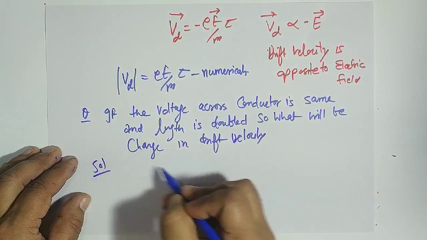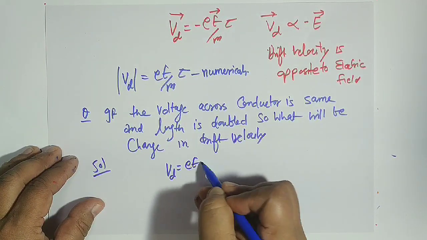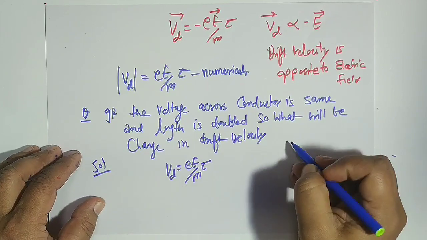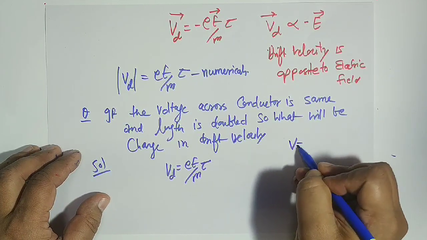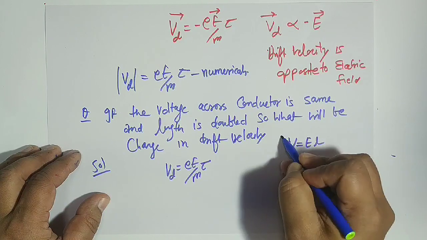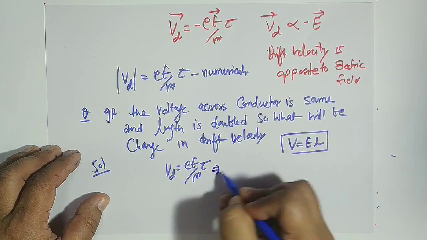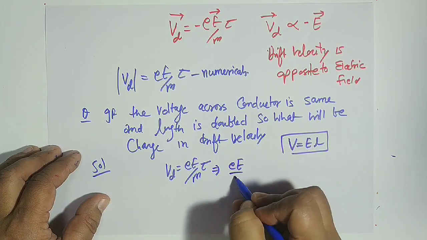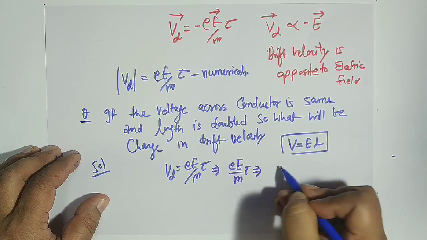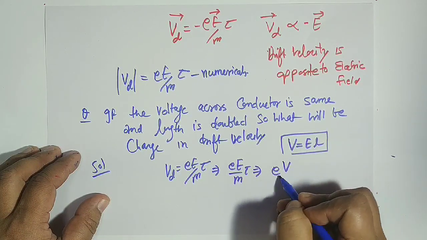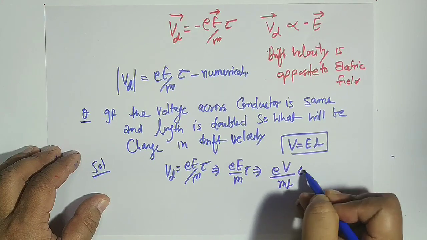Very simple. What is Vd? eE by m into tau. How many of you know that potential difference is E into L, electric field into length? So in place of E we will put V by L, so Vd is eV by mL into tau.